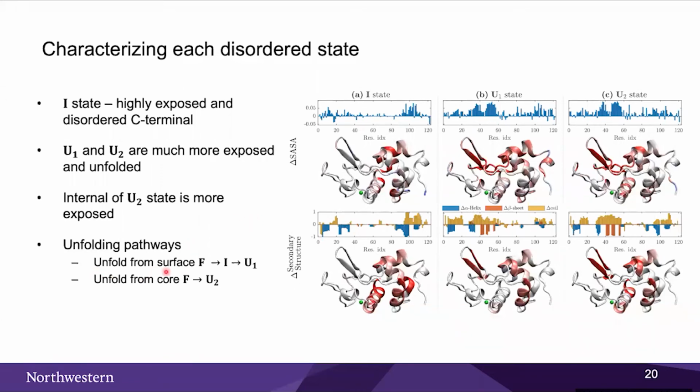One is the unfold-from-surface pathway, where you peel off the C terminal and then peel off the rest of the protein surface residues. The other unfolding pathway is more like an explosion from the middle of the protein, where it expands a lot and then becomes more solvent exposed.